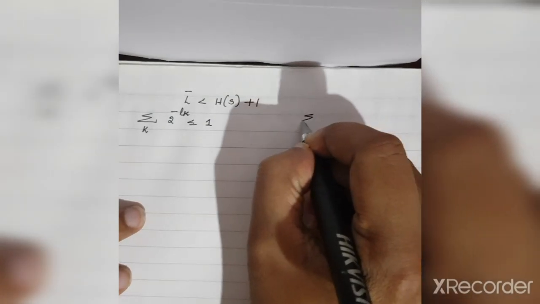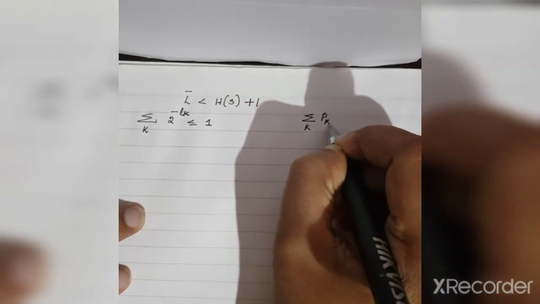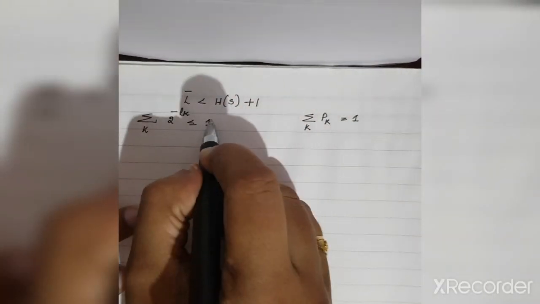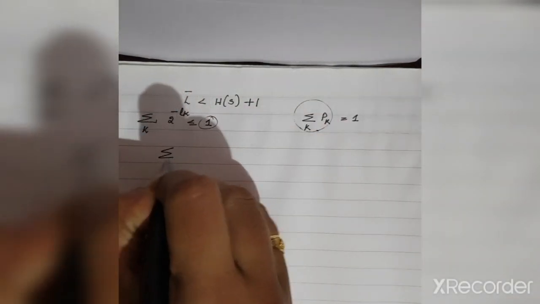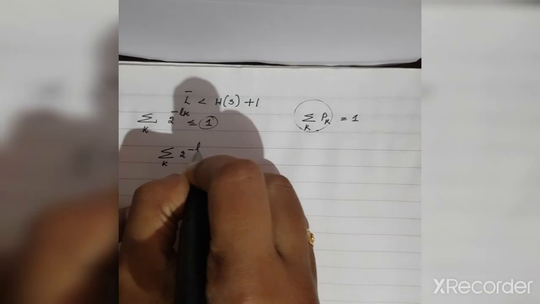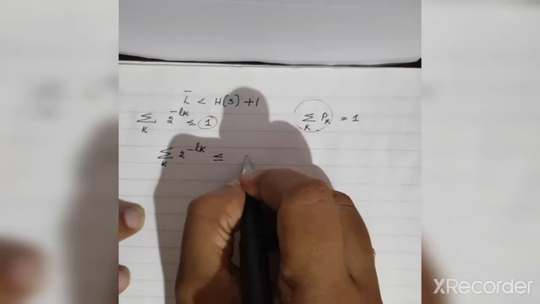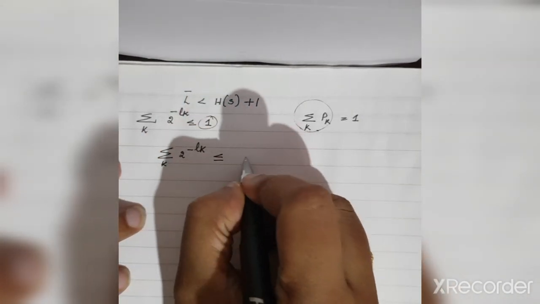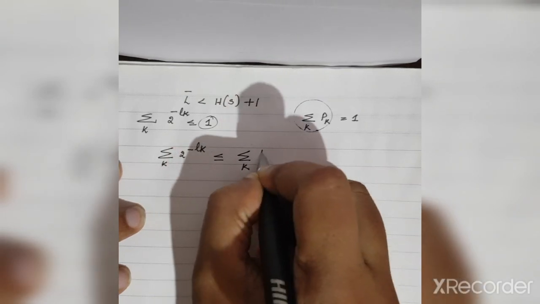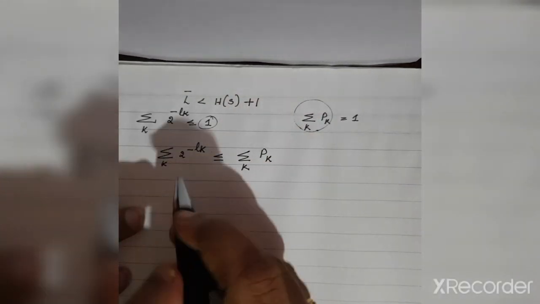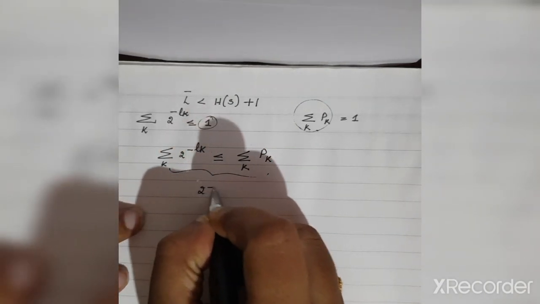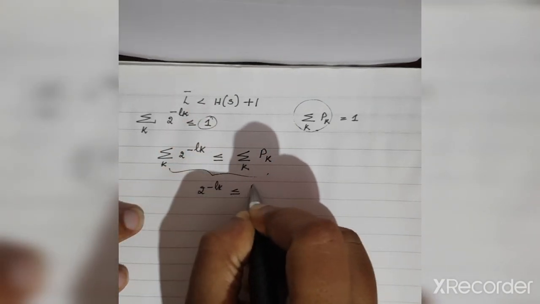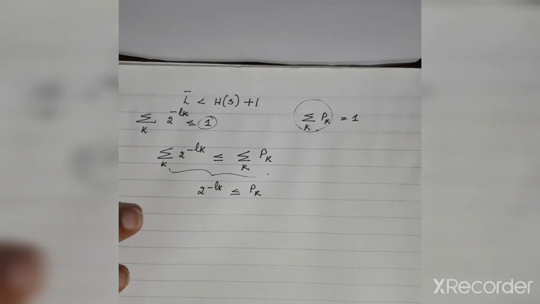And we already know that the summation over k of pk is equal to 1. So I can say the summation over k of 2 raised to minus lk is less than or equal to the summation over k of pk. From this inequality, it's very clear that 2 raised to minus lk is less than or equal to pk.